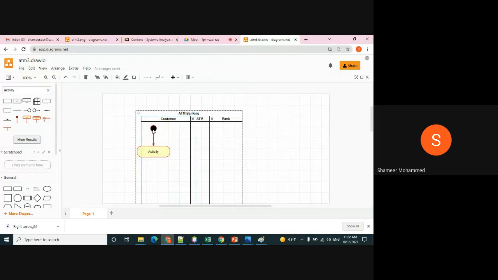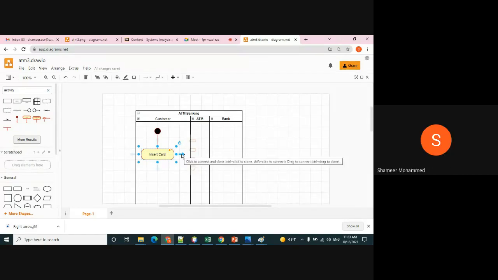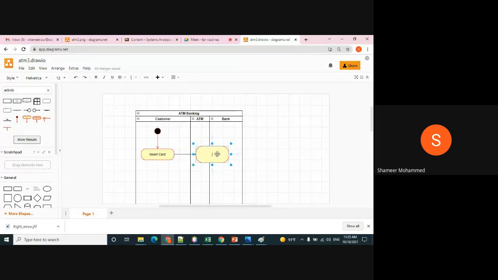Okay, arrange them properly. So what is this activity? Insert card. Then this activity will take you to another activity. See, keep the mouse near this arrow. Then you will get these symbols. So you will get another one. Enter pin.